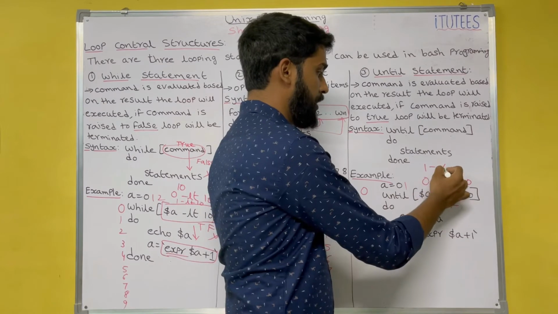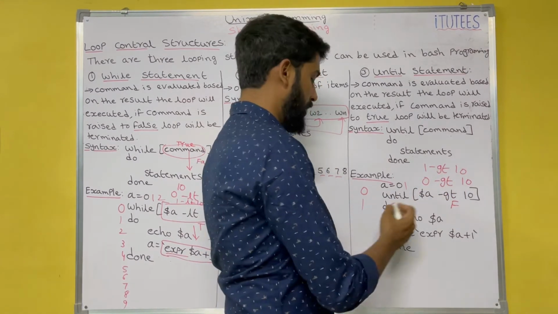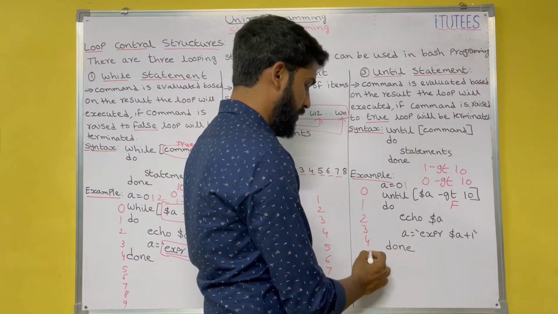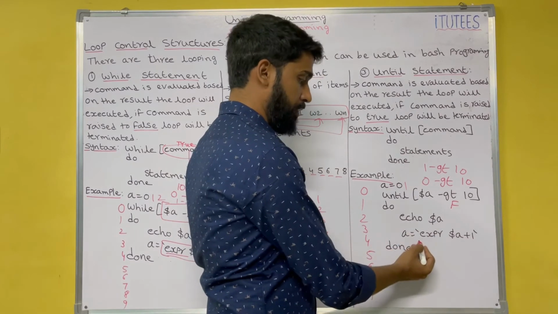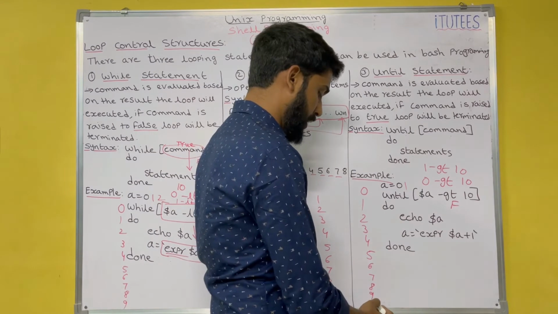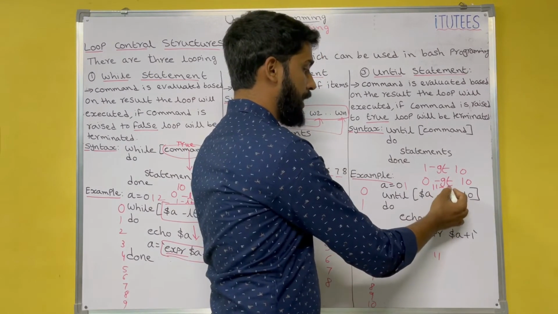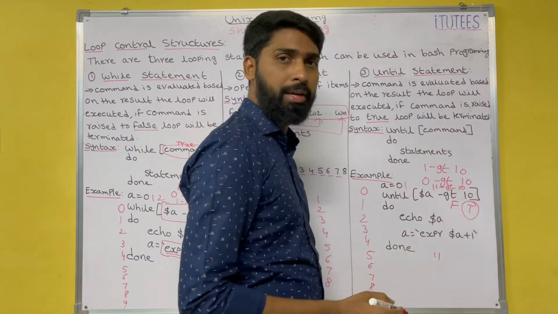Again 1 greater than 10, false, you print. Next, 2 greater than 10, false, print. Likewise for 3, 4, 5, 6, 7, 8, 9. When a becomes 10, 10 greater than 10 is also false, so print 10. Next 11. 11 greater than 10 is true, so the loop will be terminated.